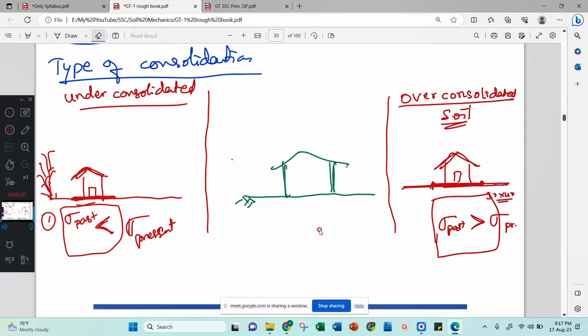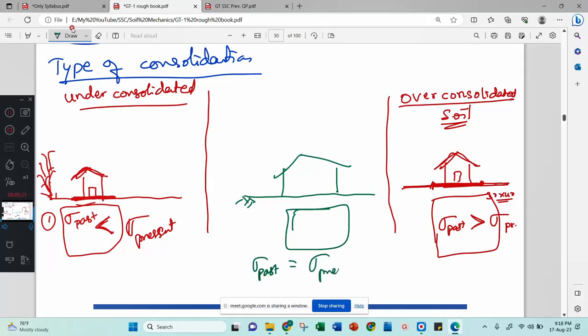Because of some reasons, this home collapsed, or otherwise you just destroyed that home, and after that you again constructed one more home. Then what is this soil experiencing? Then past pressure is equal to present pressure. This is called normally consolidated soil.